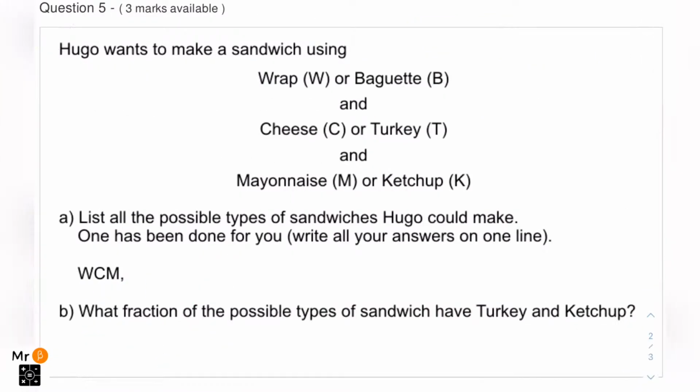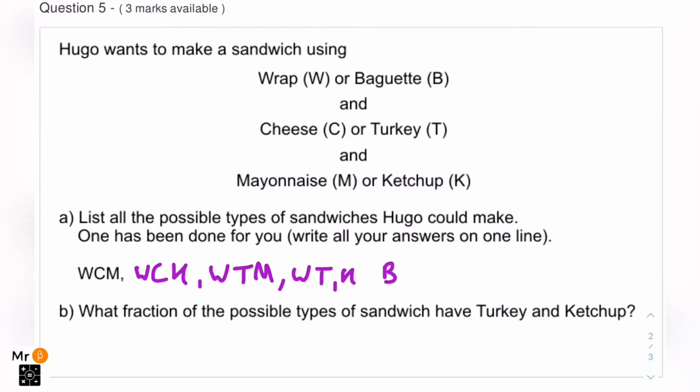Our final question is having a look at what sandwich he could make. So he could make it as a wrap with cheese and mayonnaise, or he could have a wrap with cheese and ketchup, or he could have a wrap with turkey and mayonnaise, or a wrap with turkey and ketchup.